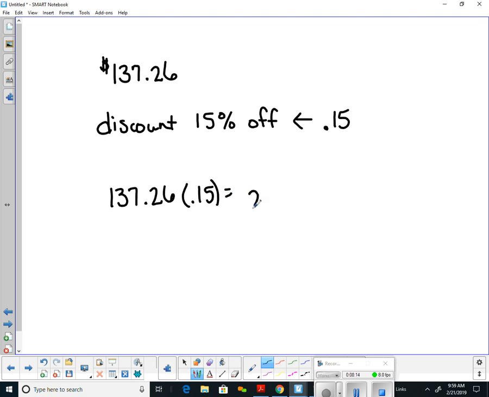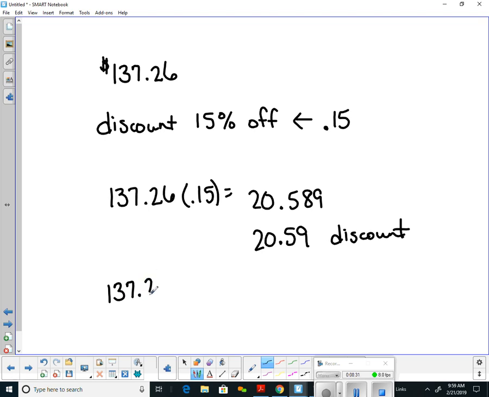So I get 20.589. We're talking money, so I'm going to round that to 20.59 is my discount. Okay, so what am I going to have to pay for the product? I'm going to take the price that I originally had and subtract the 20.59.